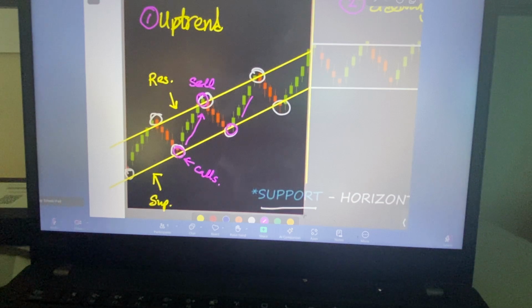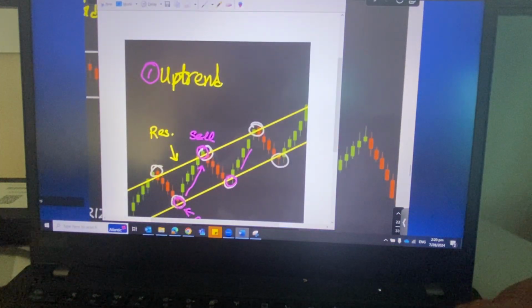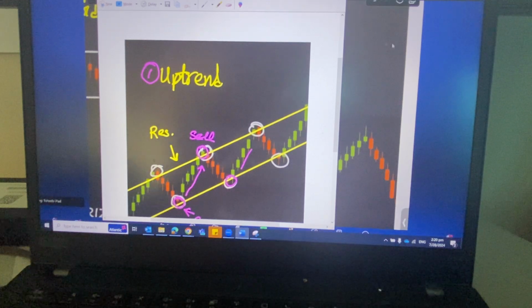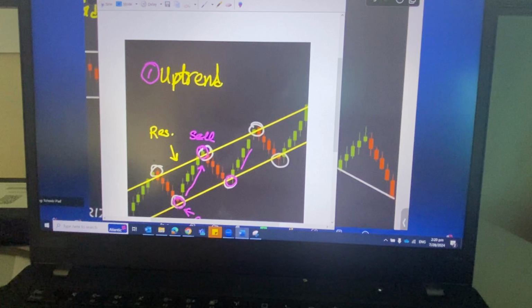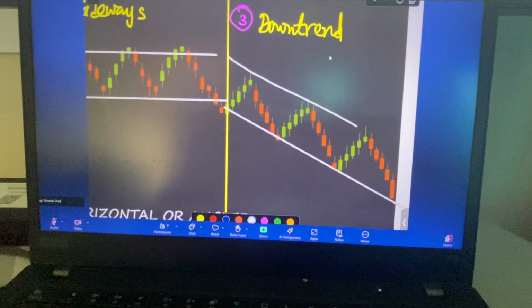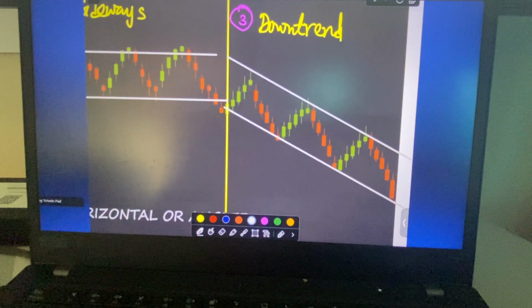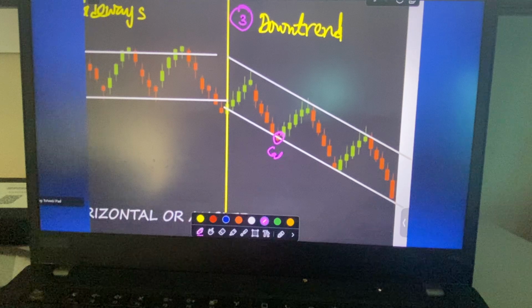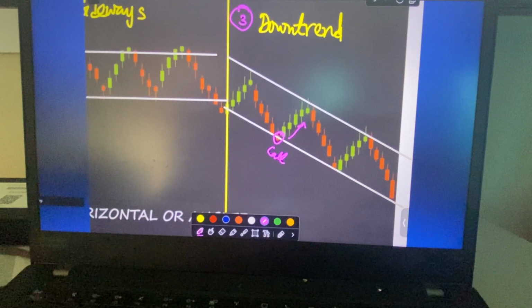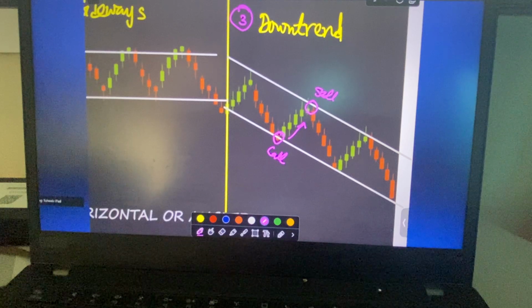Same thing on the downtrend side. This is 3. This part here is my support, and this is my resistance. So just like the previous example, I can buy calls here and sell at my resistance.